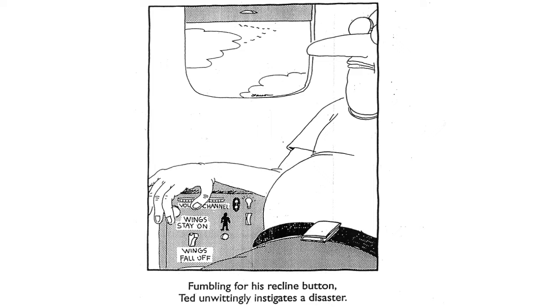You want that off to the side because you're going to have fingers and hands and elbows all over the place. And if you have something you don't want operated unless you specifically need it, then that ought to be off to the side, not next to the recline button on your airplane seat.